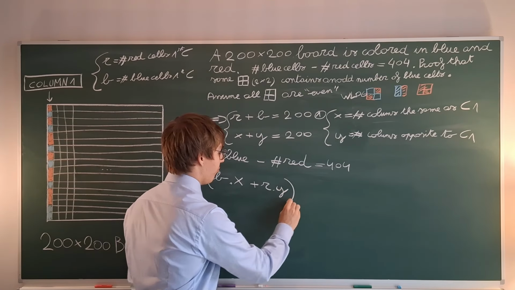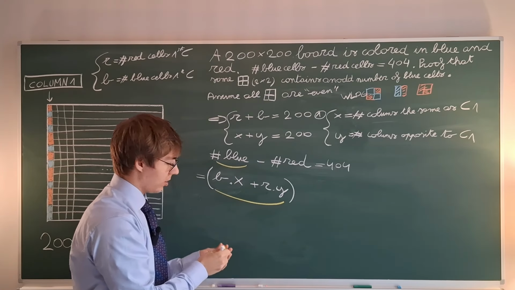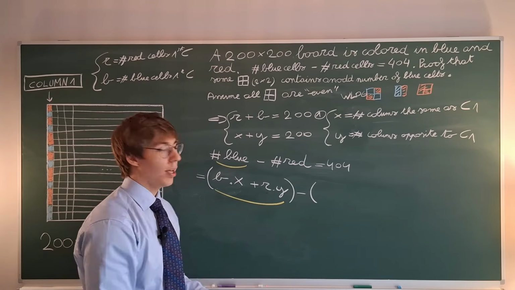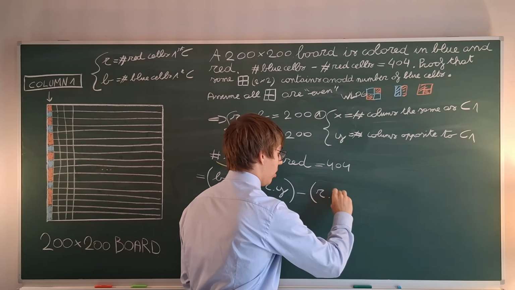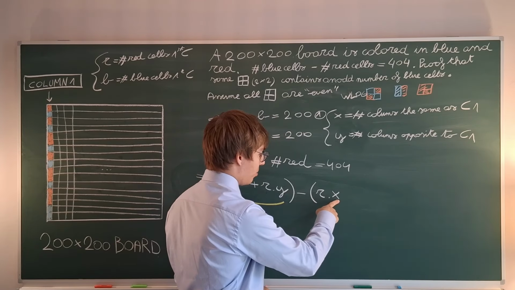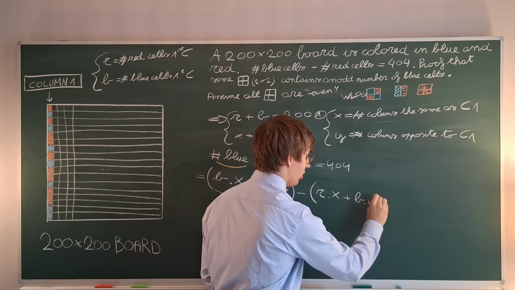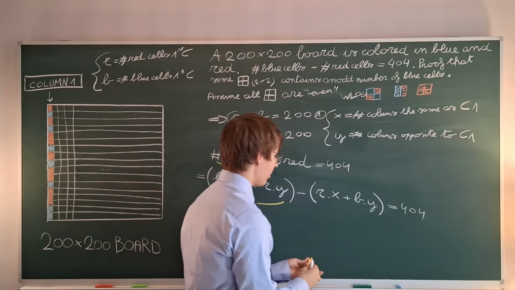So those are the number of blue cells. This value is equal to this, minus the number of red cells. And that is equal to the red times the columns identical to C1 plus the blue times the opposite one. And that is equal to 404.